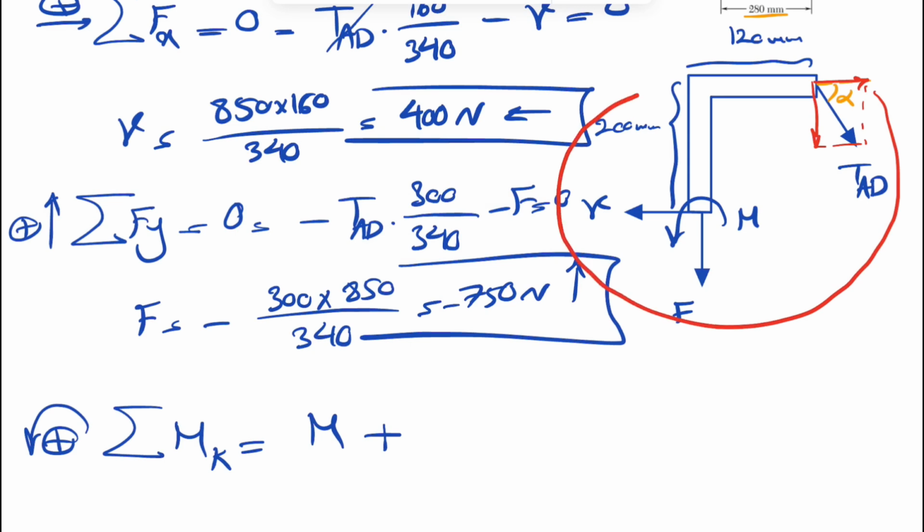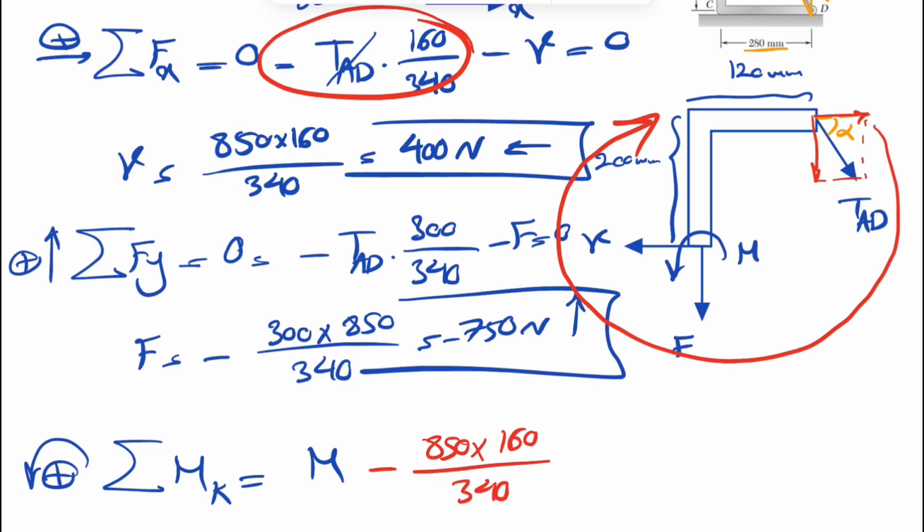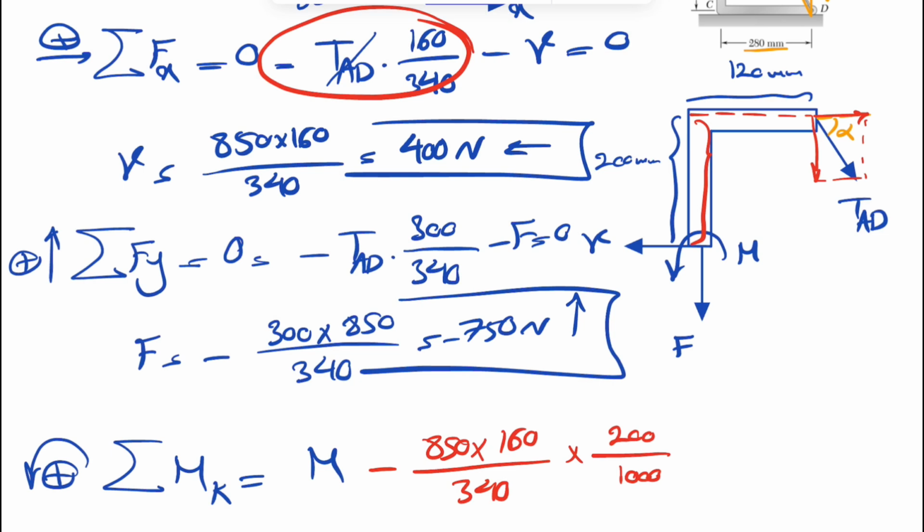The moment of the x component, as we can see, is in this direction, so it's clockwise, so we have a negative moment, so minus the force, TAD 850, the x component times 160 divided by 340, and the distance from the force to the line of action, which is what we have in here, or 200 millimeter. We're going to divide by 1000 to get it in meters, and that's pretty much everything for the first moment.